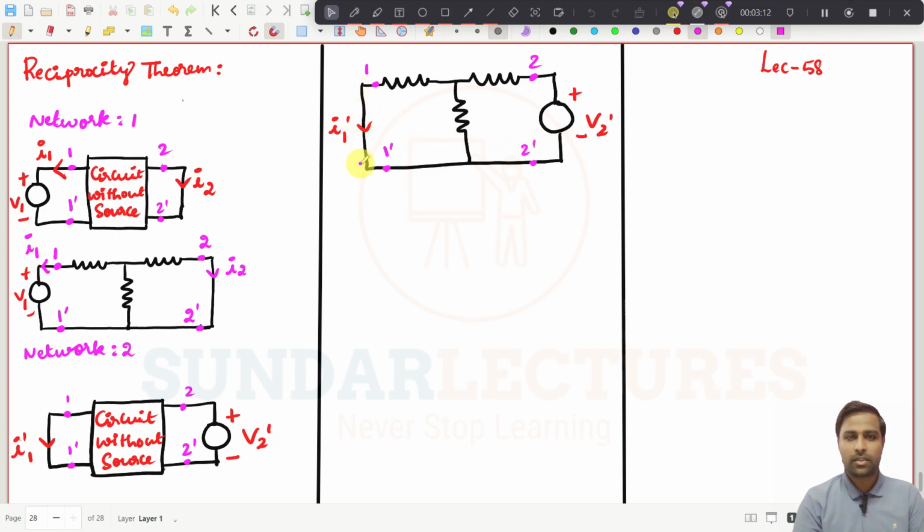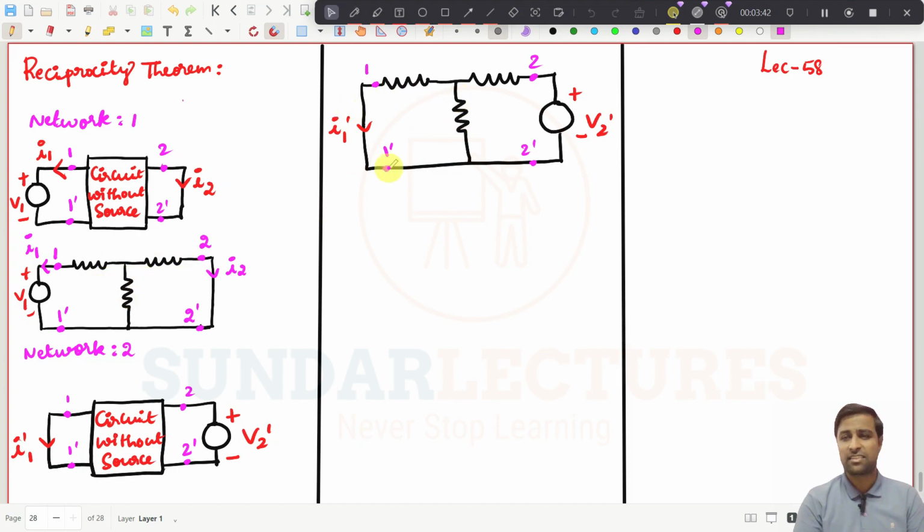Now in this branch I have assumed the current in the same direction. That is I1 dash, and the voltage here I am considering to be V2 dash. So points 1 and 1 dash, 2 and 2 dash, inside this the resistances connected should be the same value, and it also has to be the same topology.